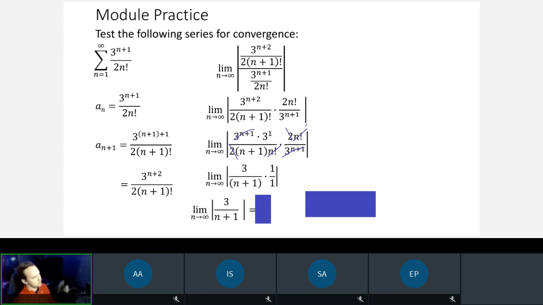So that's bottom heavy. So what does that limit approach? What is our ratio test value equal to? It equals 0. Very good. And because it is less than 1, that tells us what? It is convergent, yes. Oh boy, and we are done.